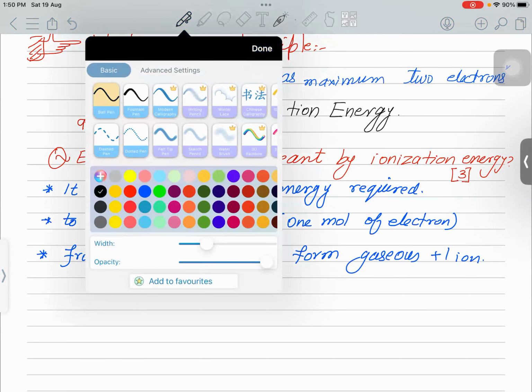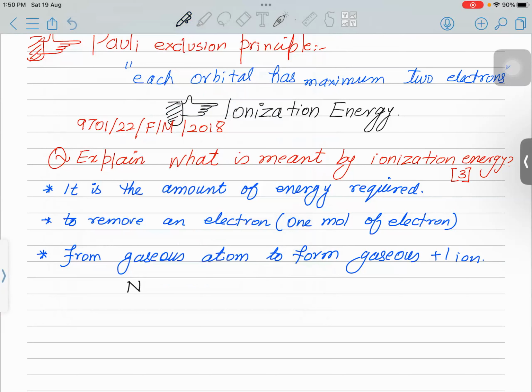It means, let's suppose you have sodium, but it should be in gaseous state. When you remove this electron, sodium becomes positive. This energy is called ionization energy, and ionization energy is always positive.